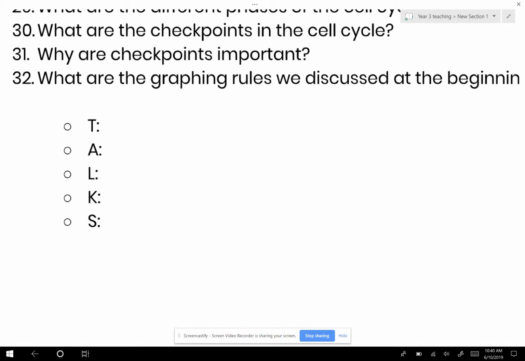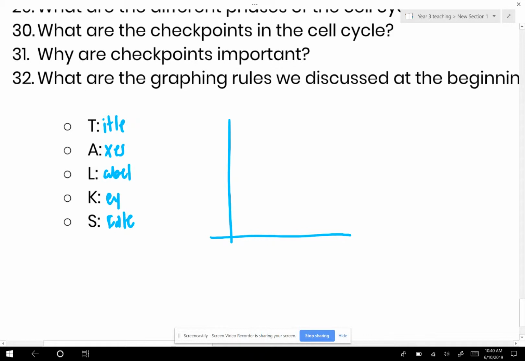Next part is to go through graphs. So as you guys know, this is title, axes, label, key, and scale, right? And these are the different parts of the graphs that you do need to have. You should have this labeled X and Y, so that's your axes.